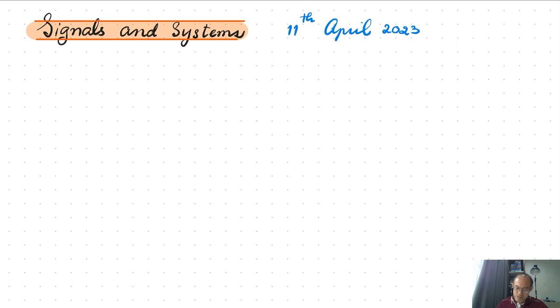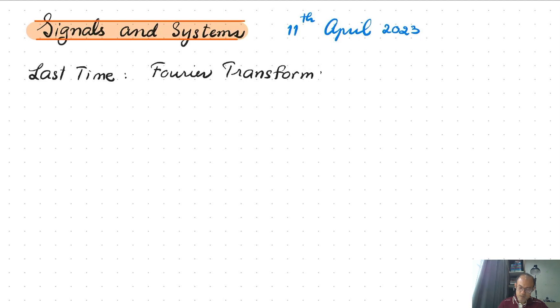So last time, we began talking about the Fourier transform. The definition of the Fourier transform is we start with a signal x.